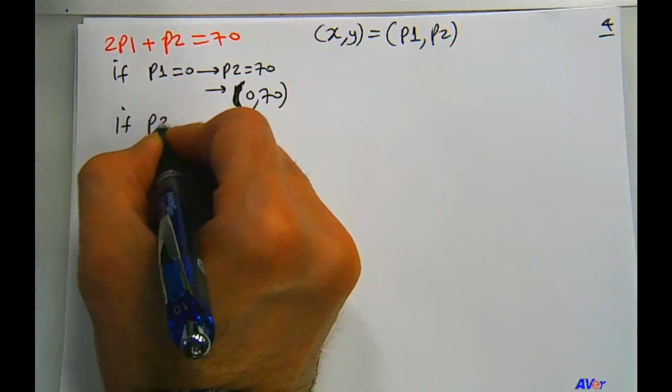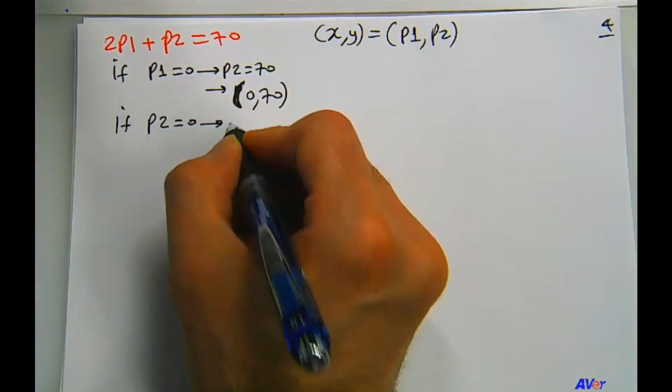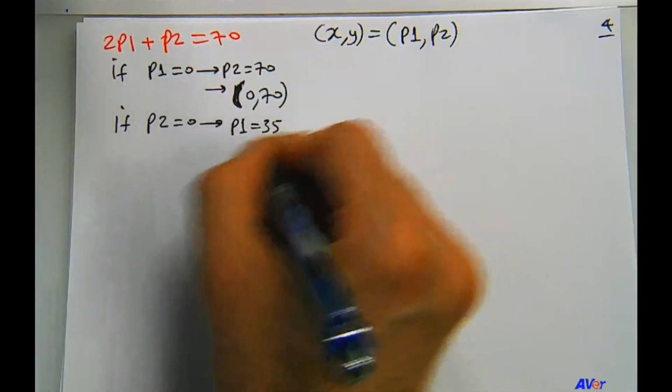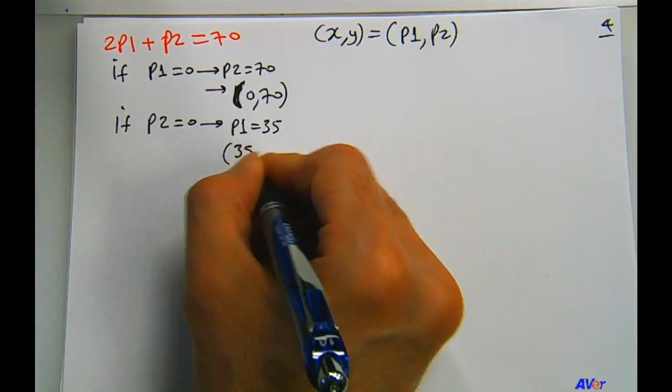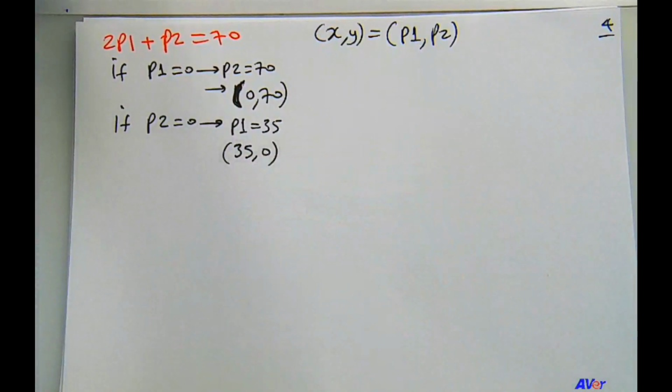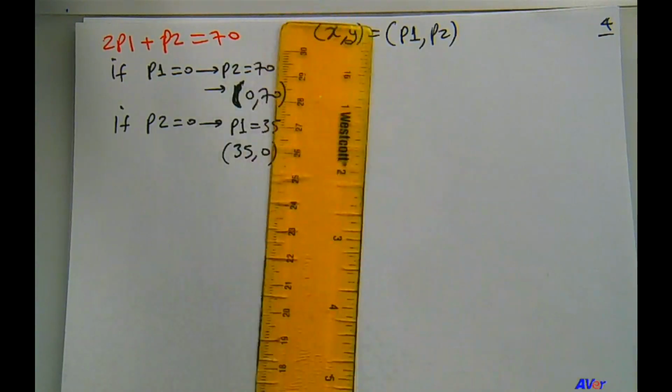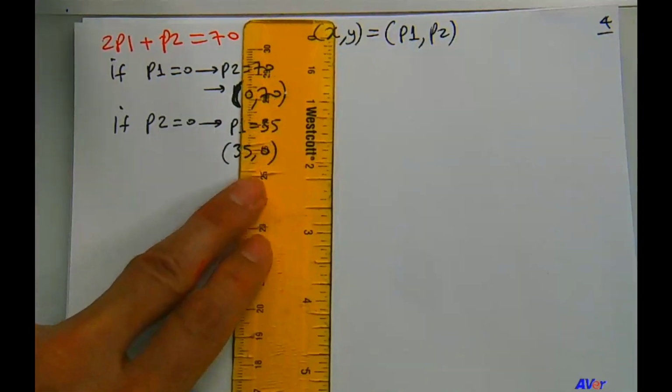If P2 equals 0, then P1 would be equal to 35, right? 70 divided by 2. So we have 35, 0 as the x-intercept. So everything is going to be on the positive side of the axis.